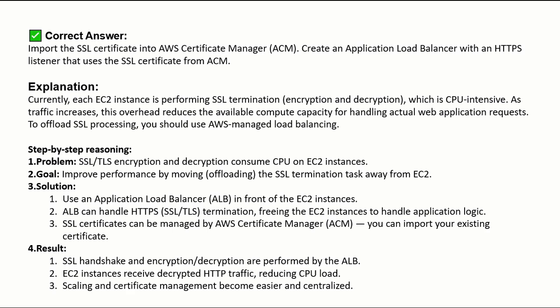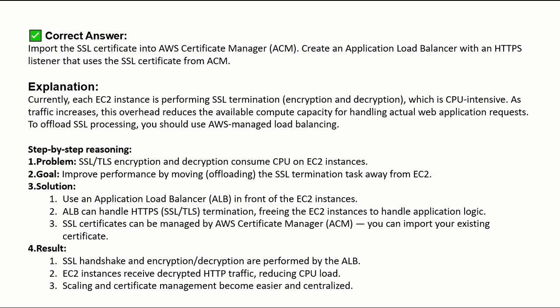The solution is to use an Application Load Balancer in front of the EC2 instances. The ALB can handle the HTTPS, that is SSL or TLS termination, freeing the EC2 instances to handle application logic. The SSL certificate can be managed by ACM, where you can import your existing certificate.